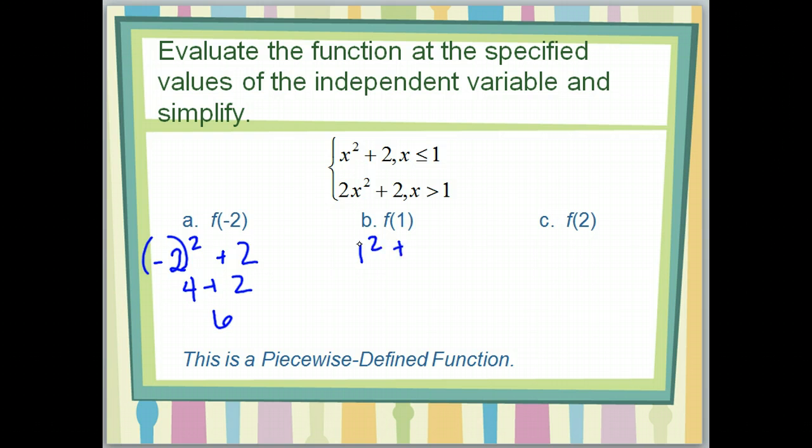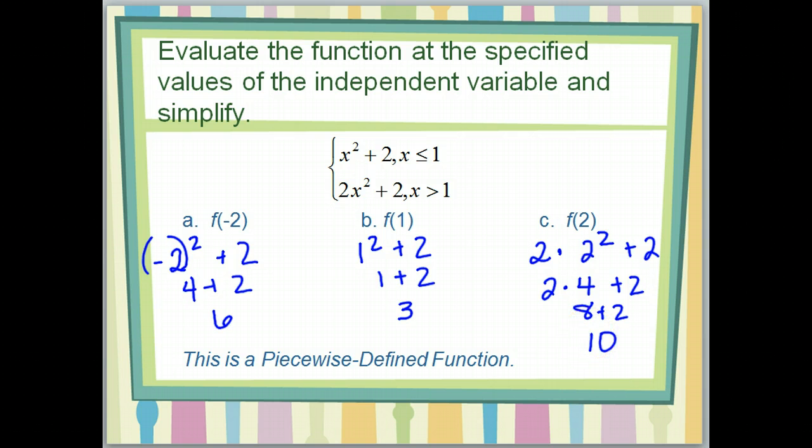So 1 squared plus 2 is going to be 1 plus 2, and that's equal to 3. And then finally, f of 2 is bigger than 1, so we use the second equation, 2 times 2 squared plus 2. 2 times 4 plus 2, 8 plus 2 gives us 10.